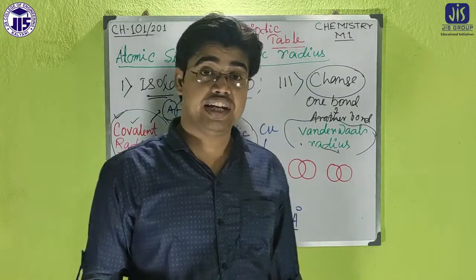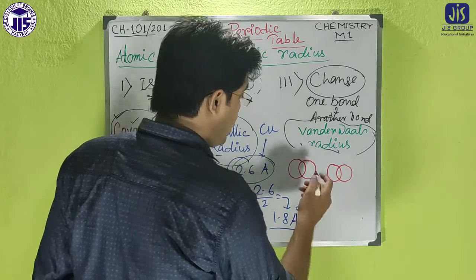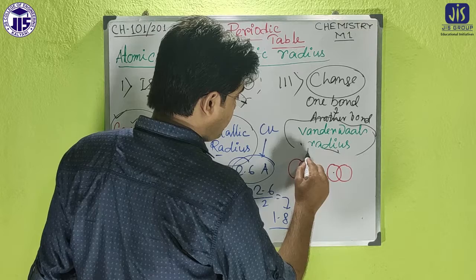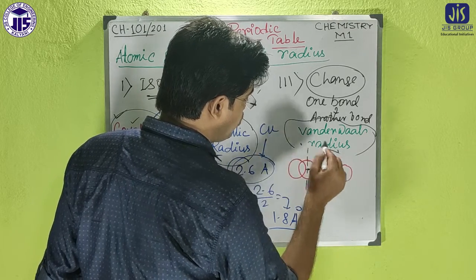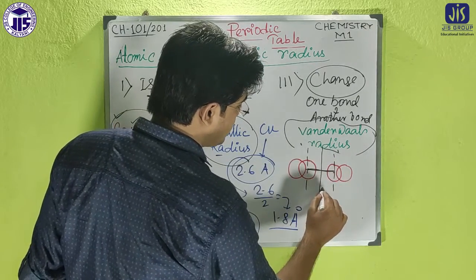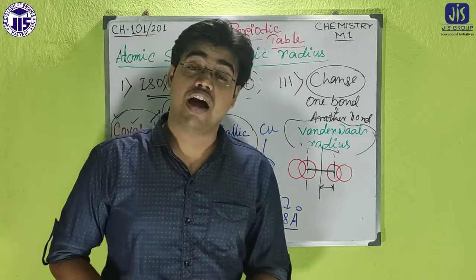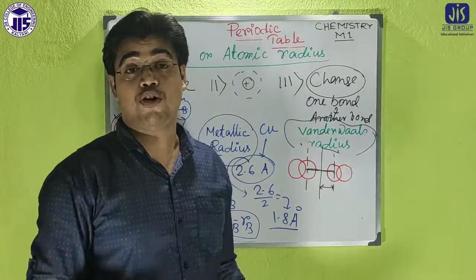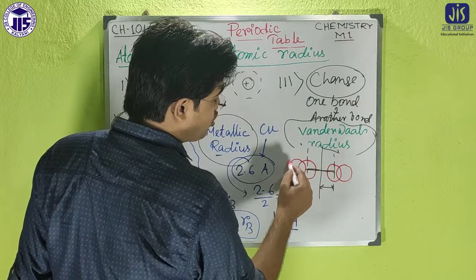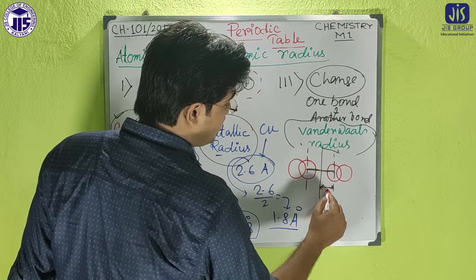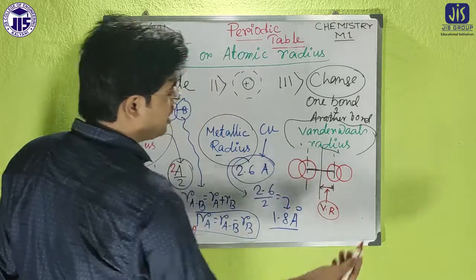According to the van der Waals radii, half of the distance between the nuclei of two atoms belonging to different molecules is called the van der Waals radius.